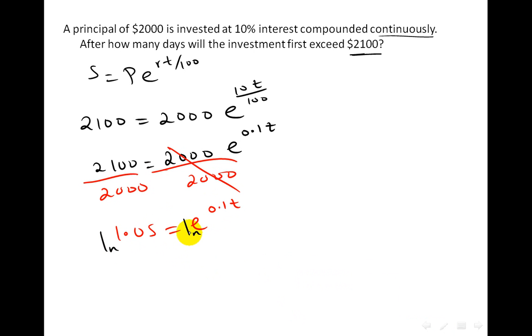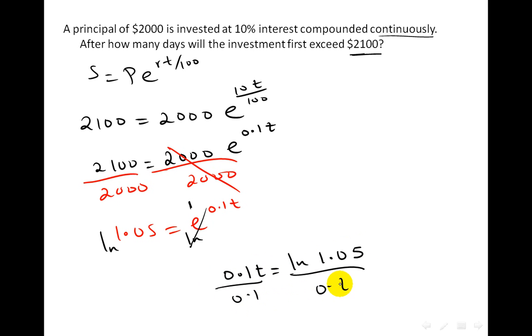If you put ln on e to the power, this will cancel out, so you'll be left with 0.1t equals what? ln of 1.05. So first just find ln of 1.05, then divide it by 0.1. So you'll find the value of t equals what? As I told you, ln of 1.05, you can find it on the calculator. Divide your answer by 0.1 then.